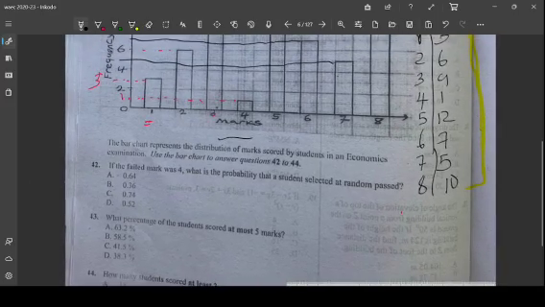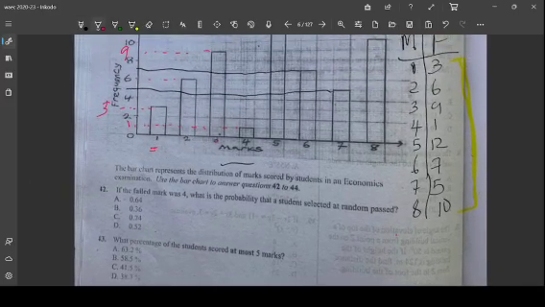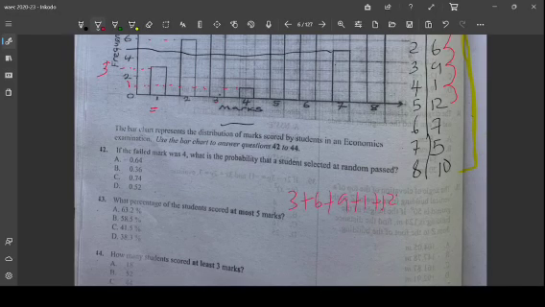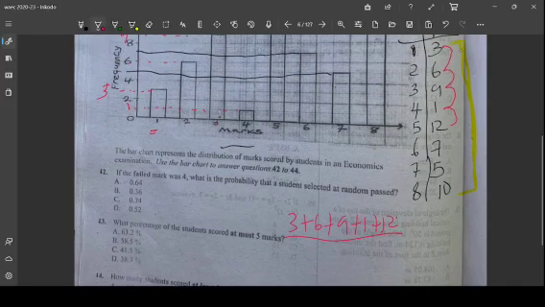Looking at our graph, how many students scored 1? We have 3, plus 6 students that scored 2, plus 9 students, plus 1 student that scored 4, plus 12 students. All over the total is our percentage. So I'm going to have 3 plus 6 plus 9 plus 1 plus 12 all over the total number of students. When you add up everything, the total number of students is 53.